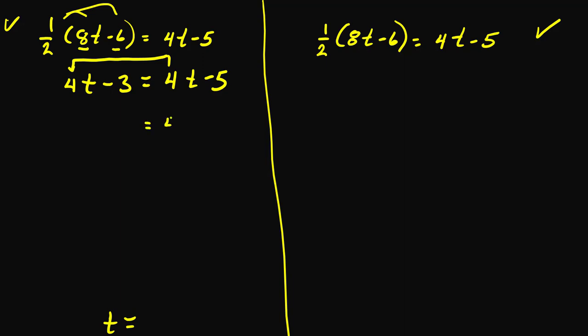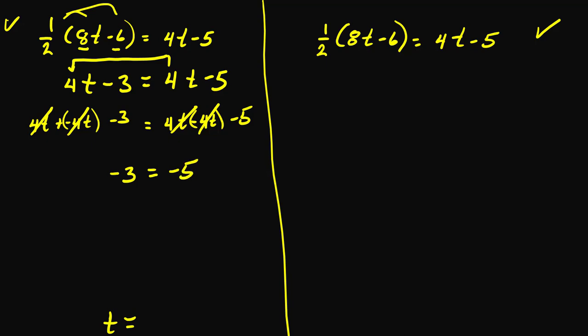I'll just add a -4t to both sides. These four t's zero out, these four t's zero out, and we have negative 3 equals negative 5.